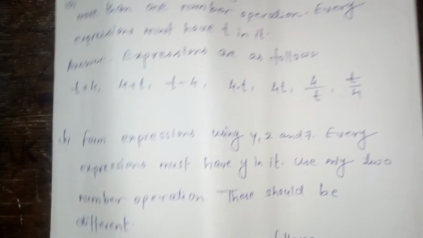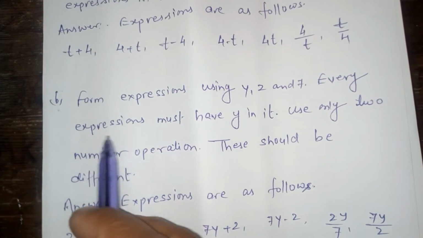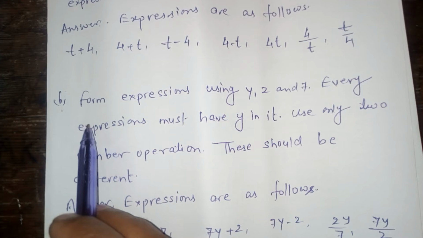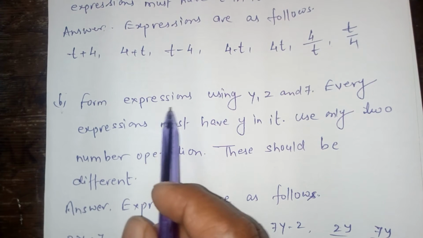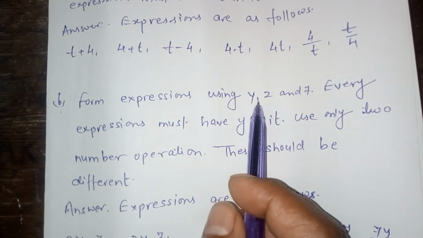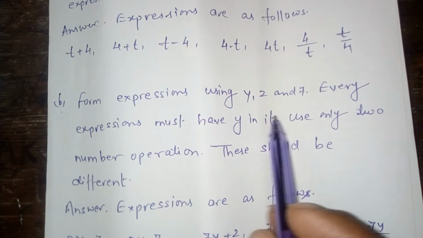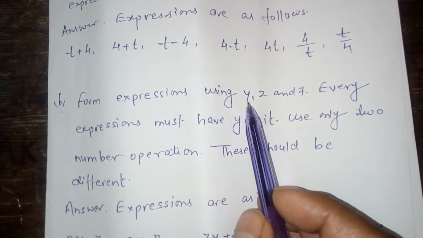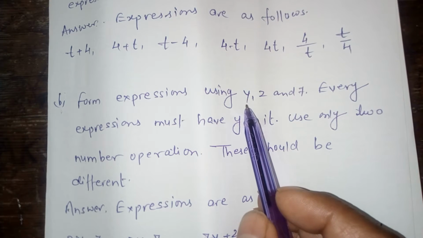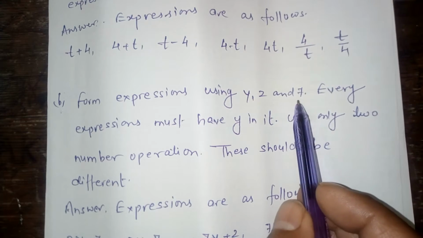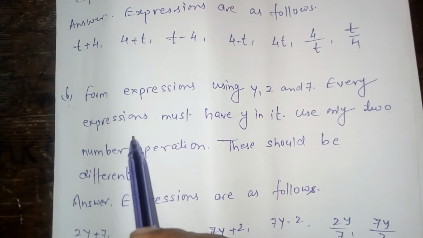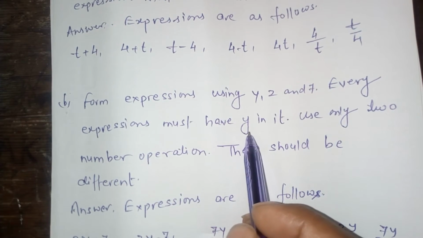Again, your question 6b is: form expressions using y, 2 and 7. The meaning is we can make algebraic expressions using y, 2 and 7. Every expression must have y in it.